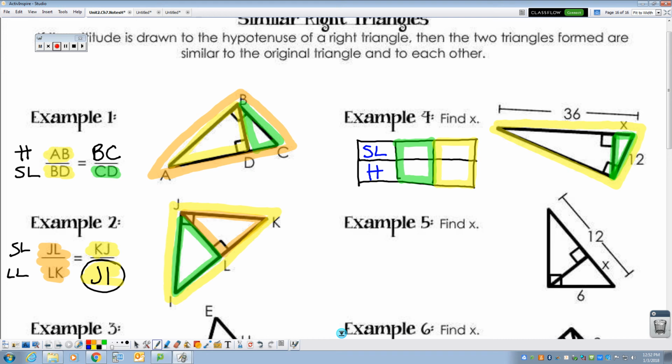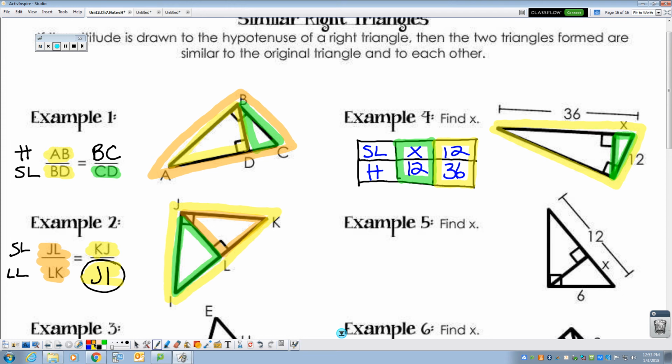So now I use the colors. The short leg of the green triangle is x. The hypotenuse of the green triangle is 12. Now I go over to the yellow triangle. For the yellow triangle, the short leg is 12, and the hypotenuse is 36. Inside this table right now, there's my proportion to set up.